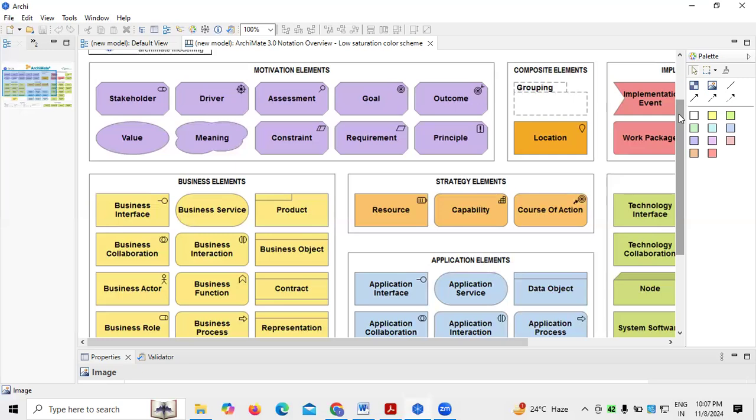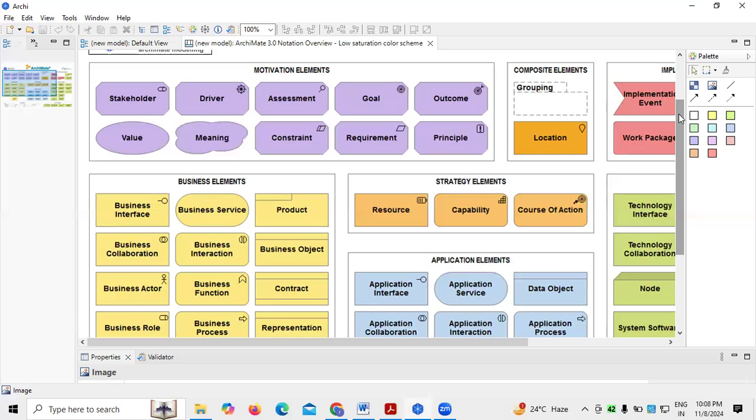So when we are developing an enterprise architecture at the organization level, from the larger context, understanding the motivational factors is one of the key and important elements. I'm talking about business drivers, value, stakeholders, requirements, goals, constraints. These parts have to be taken.